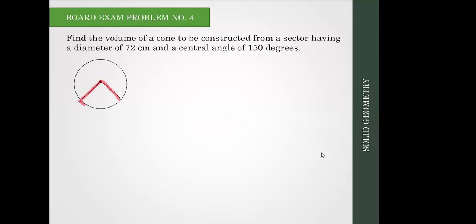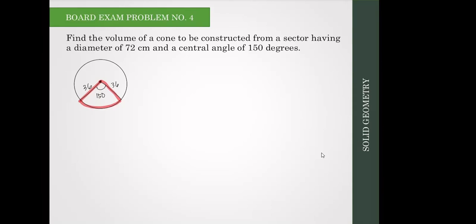Yung portion na to. Okay? So, doon sa dimension natin, may given tayong diameter na 72. So, divide lang natin by 2. So, meron tayong radius na 36. Okay? And ang central angle natin is 150. So, paano natin makukuha yung volume ng cone natin?